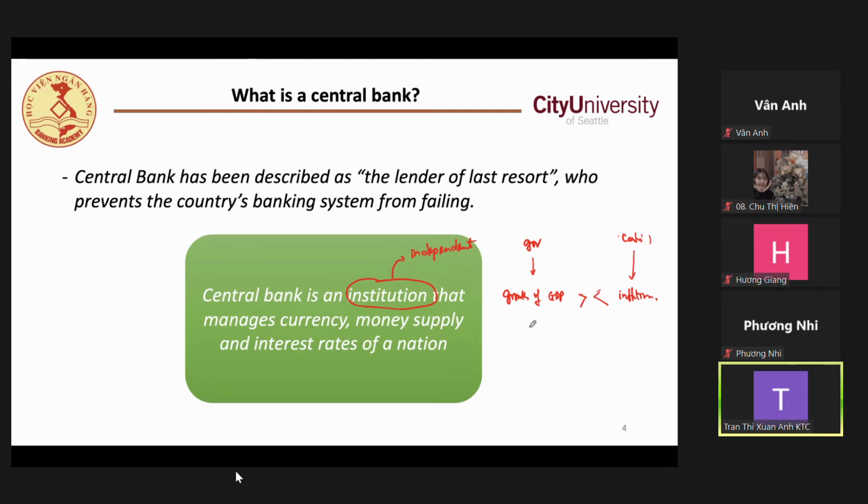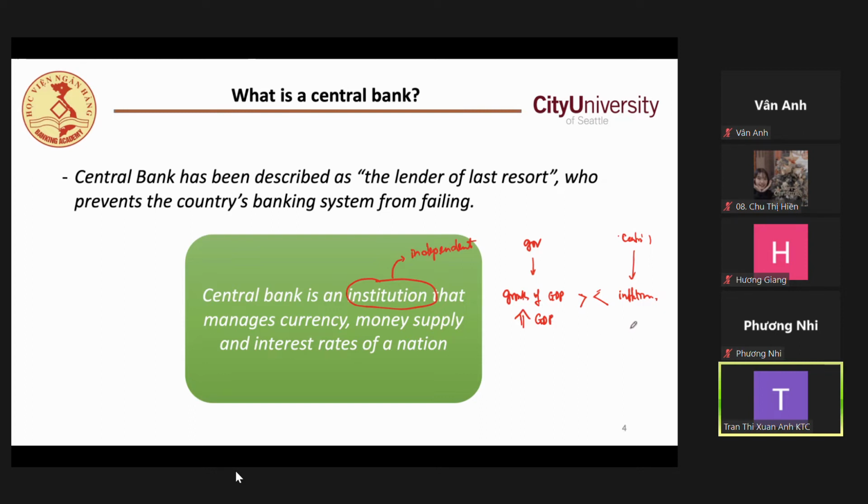Because if the government wants to follow high GDP, and you know that if we want to get high GDP, we need to support one of the main factors, that is, we need more money in the economy.